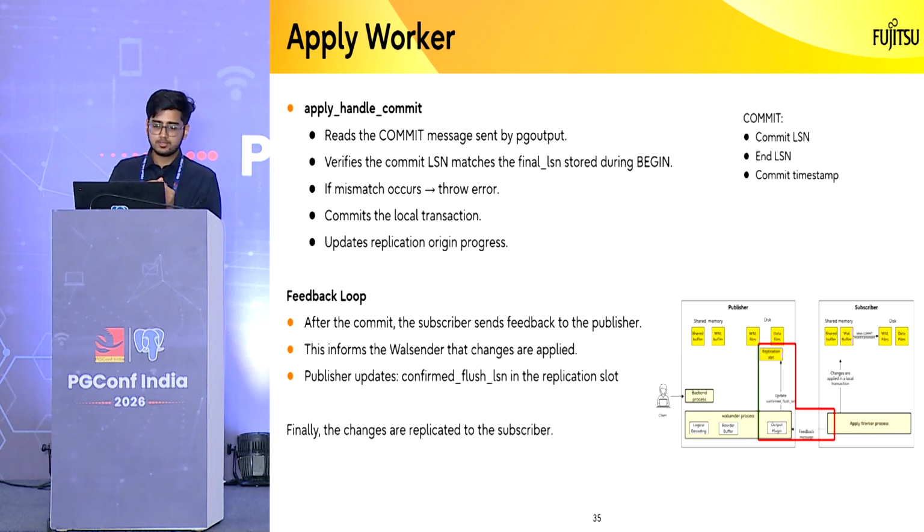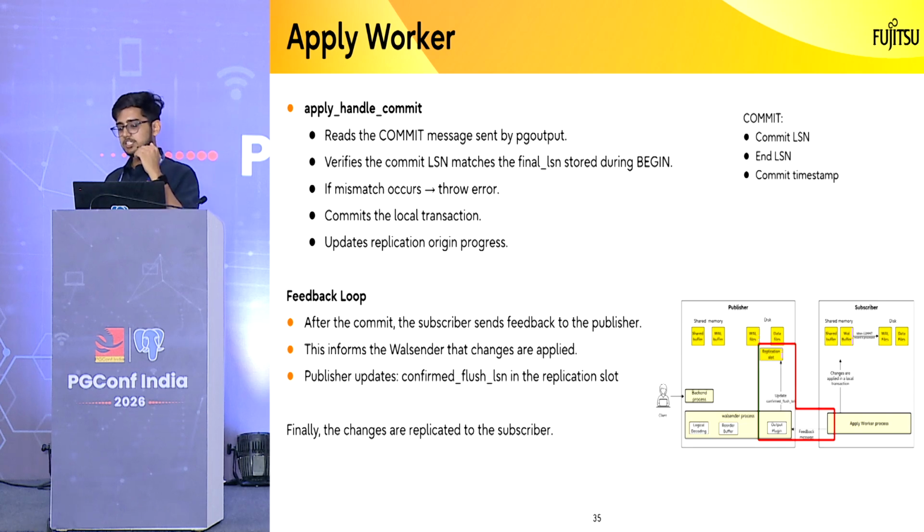Now, the apply worker receives the commit message, and for that it will call the corresponding handler, apply handle commit. This function will read the commit message and get the LSN values: commit LSN, end LSN, and the commit timestamp.